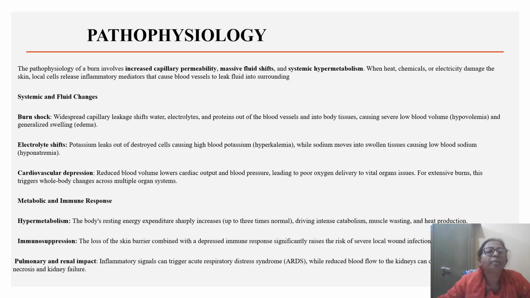Pathophysiology: burns involve increased capillary permeability, massive fluid shift, and systemic hypermetabolism. Burn shock, that is, systemic and fluid changes: widespread capillary leakage shifts water, electrolytes, and proteins out of the blood vessels and into the body tissues, causing severe low blood volume, or hypovolemia, and generalized swelling, or edema.